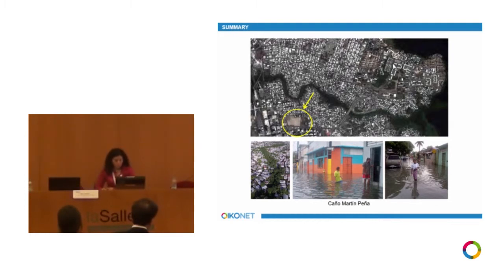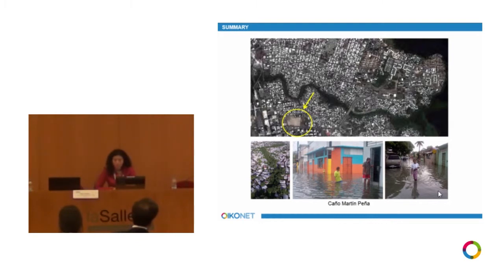And this is what's happening right now. The channel, the course of water, almost doesn't exist. And they need to walk through this polluted water every time there's a big rain. This is what happened.